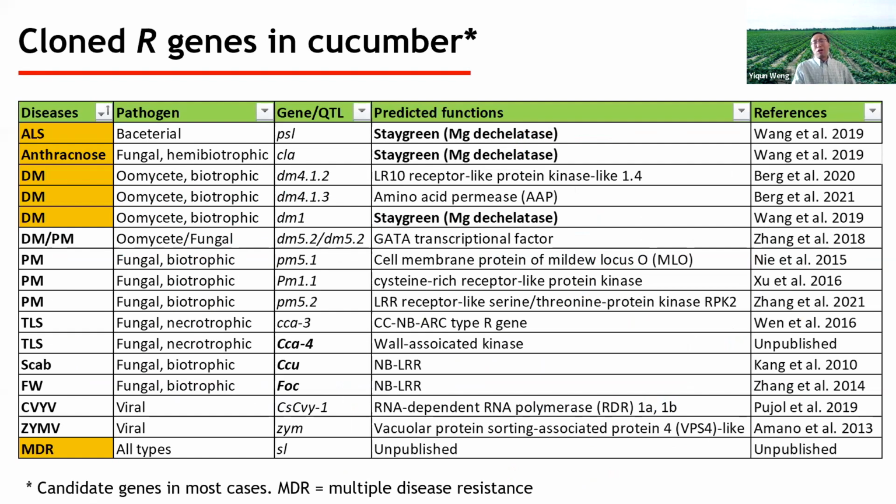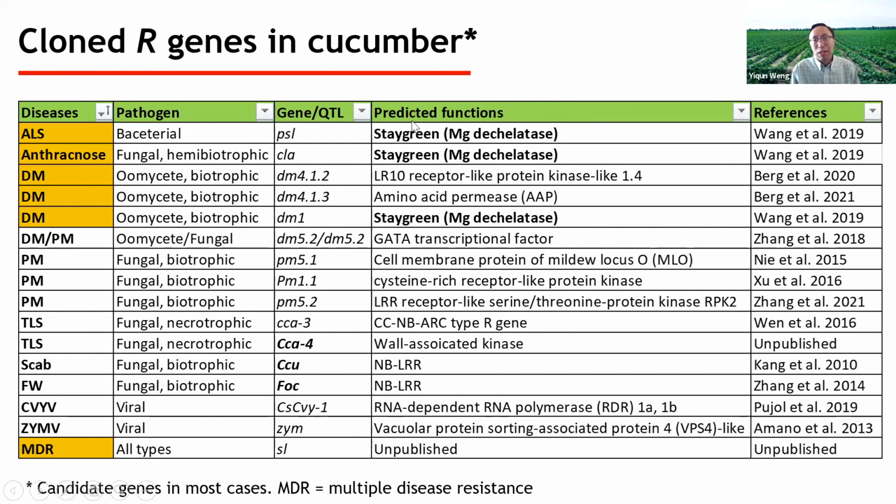And of course, more than 100 genes and QTL have been identified, but very few have been cloned. Here is a list of 15 genes for which we know the candidate gene. Some of those are not really functionally validated, but I think the candidate gene is reasonably probably correct. Of these, half of them are downy mildew and powdery mildew resistance.